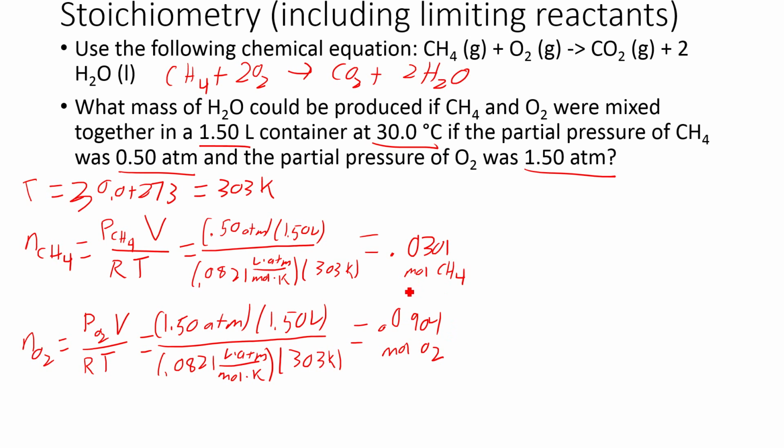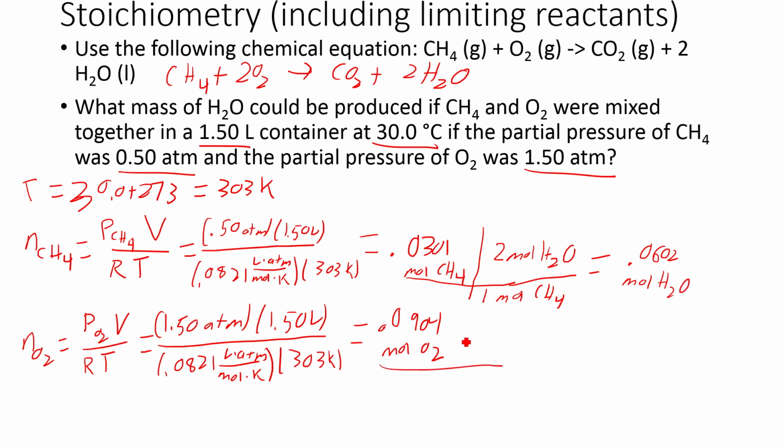So we're going to convert this. We know that for every 1 mole of methane, we can make 2 moles of water. So our 0.0301 moles of methane times 2 is going to give us 0.0602 moles of water.